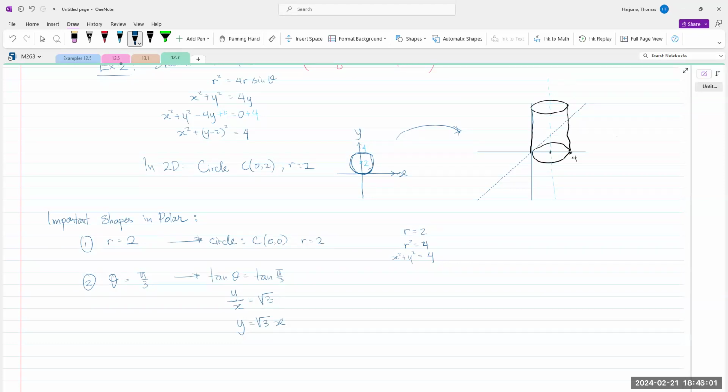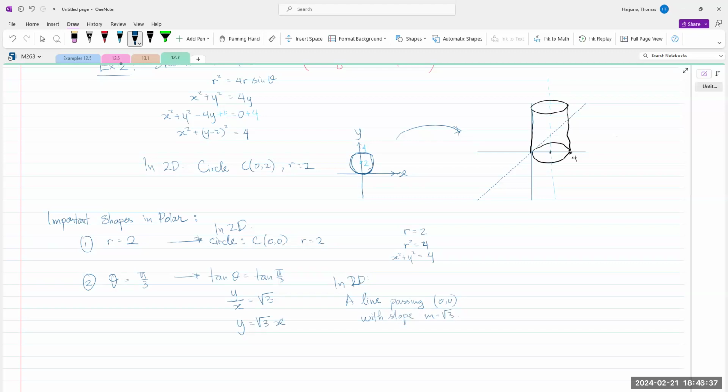In 2 dimension, this is a line through the origin with slope m equals radical 3.